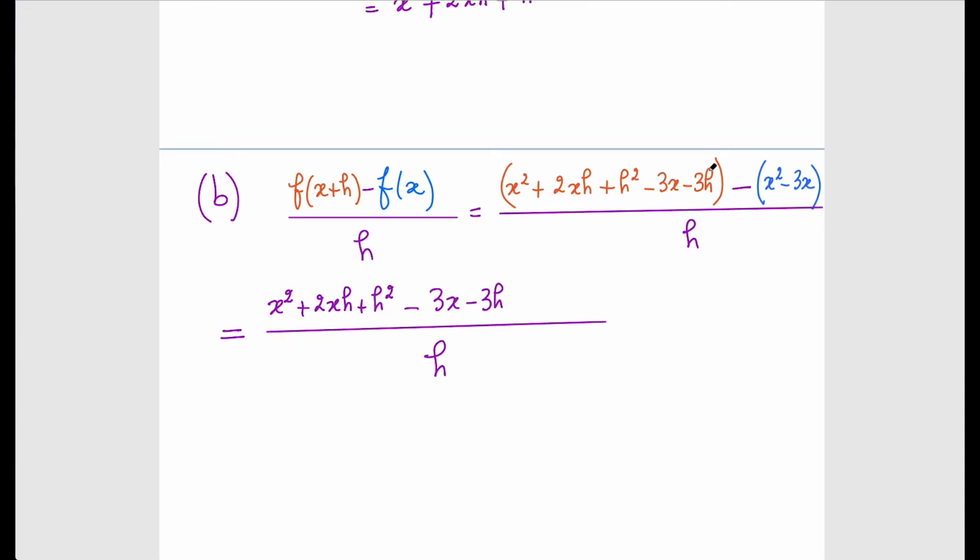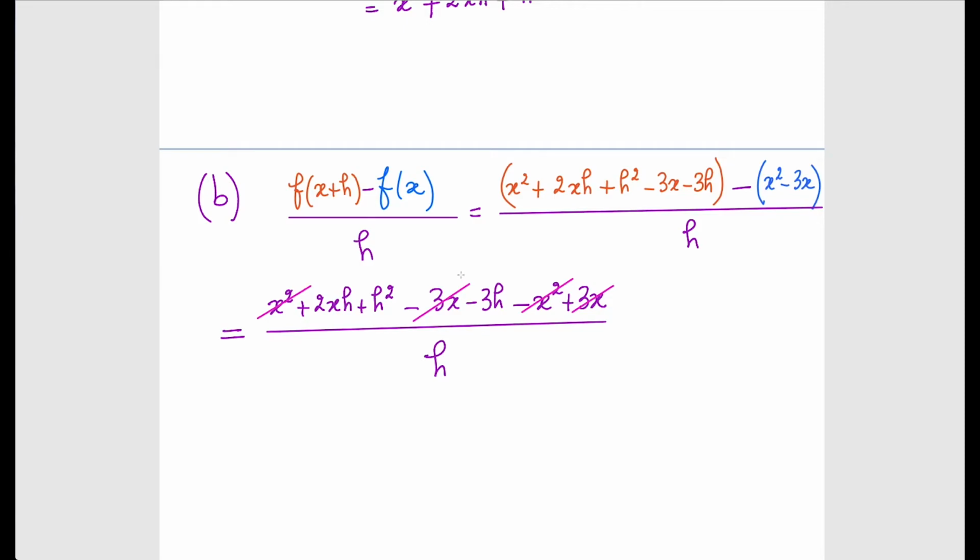That's the orange or the brown part. Minus, let's destroy these parentheses. I'm gonna bring in the minus. Everybody inside is gonna switch sign. So I'm gonna have minus x squared plus 3x. Correct? Okay, now I'm gonna simplify like terms. Minus x squared plus x squared gone. Minus 3x plus 3x, they're gone.